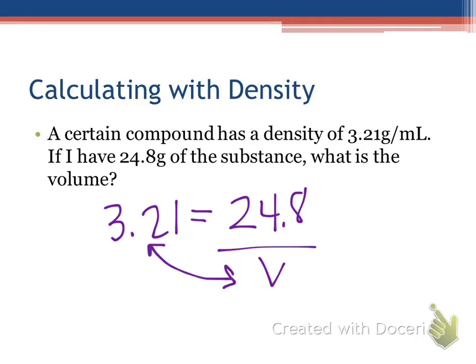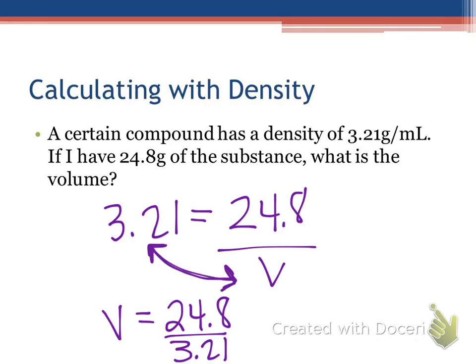That's it. That's what we did, but it makes it a lot easier to not have to walk through the algebra. So v would be equal to 24.8 over 3.21, which is exactly what we just did. Now the shortcut is to just switch those two places whenever the variable's on the bottom.